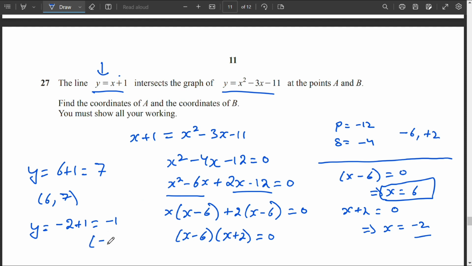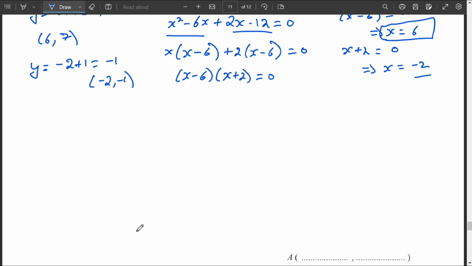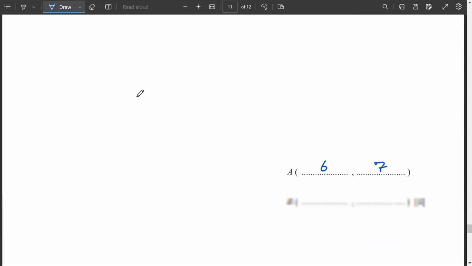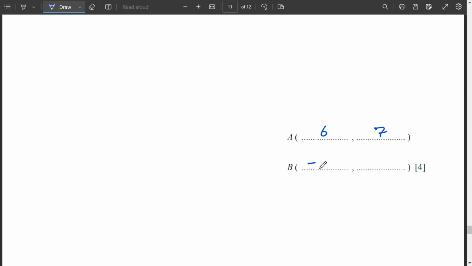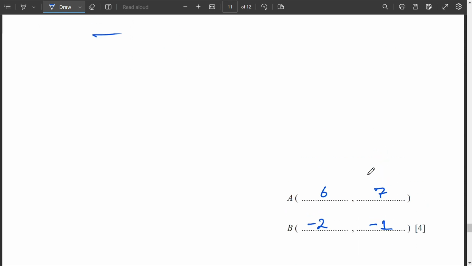So the other coordinate is minus 2, minus 1. So hence we have the two coordinates. For A, you can write 6, 7, and for B, it's minus 2, minus 1. So these will be the two coordinates.